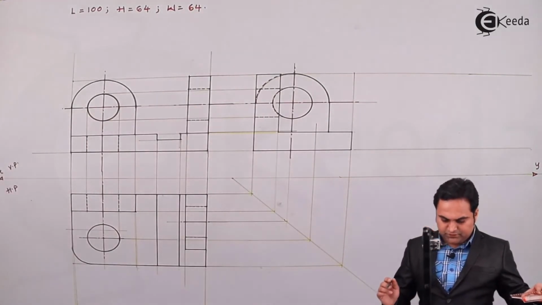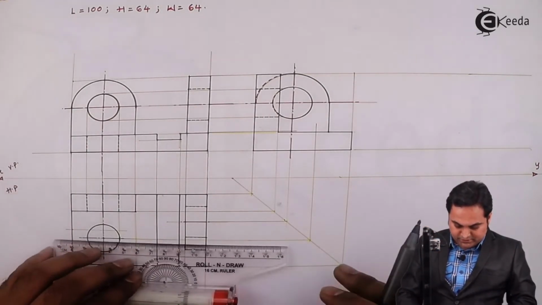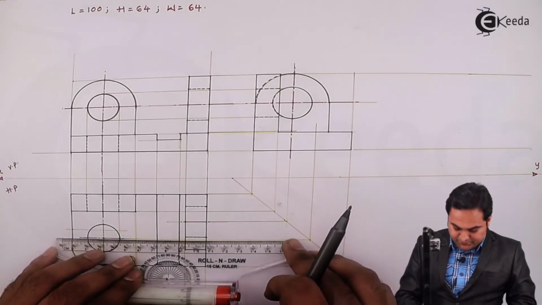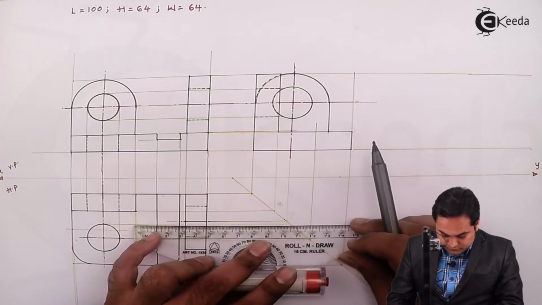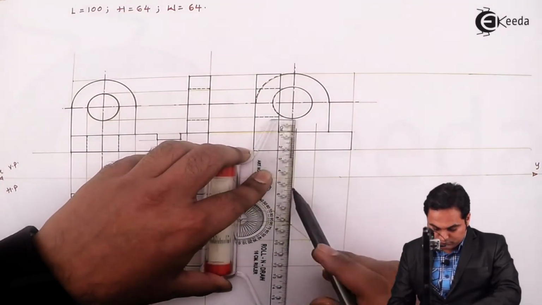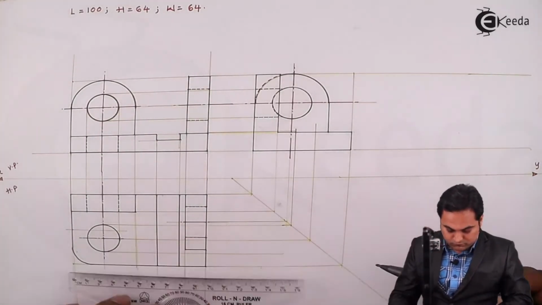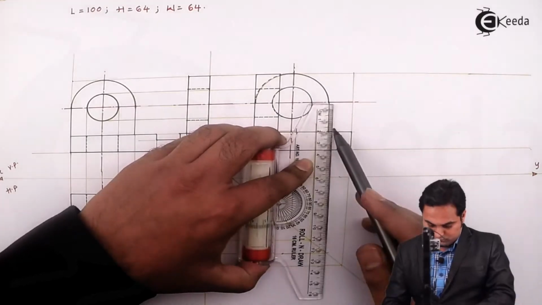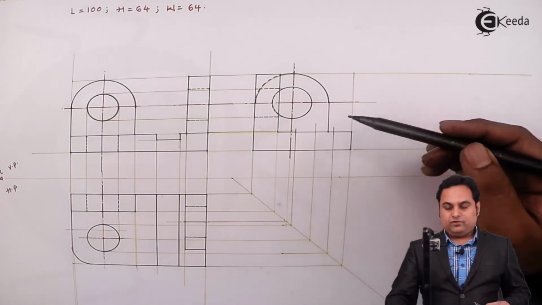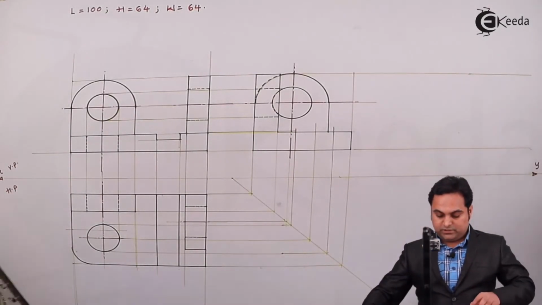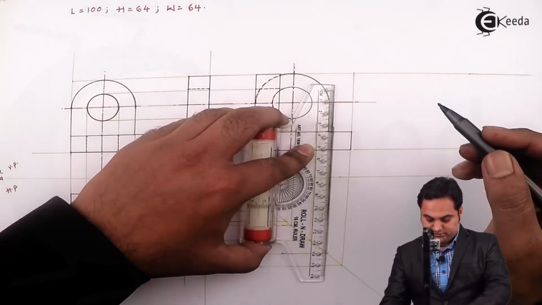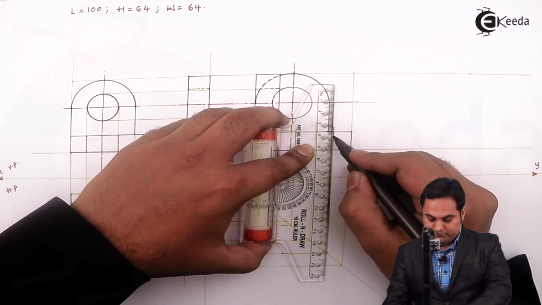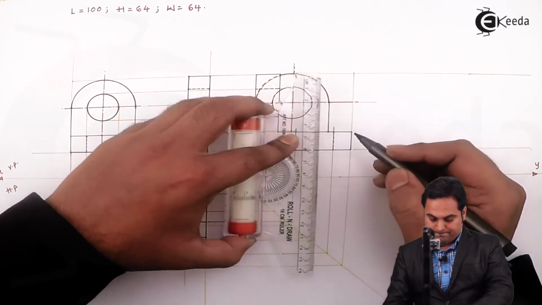So this is the center of the circle, and here next I'll project its diameter. This will be the projection for the hole. Now I'll make it dark, and here, since it is hidden, plotted with the help of dotted line.